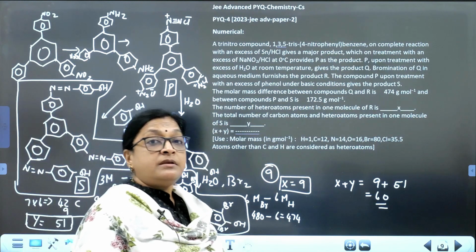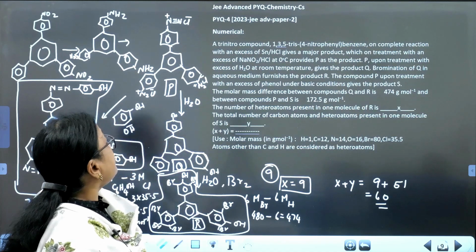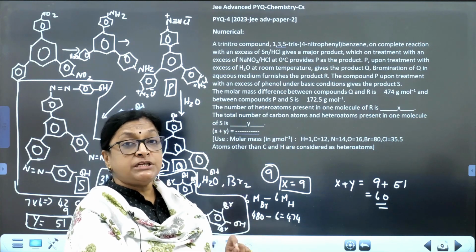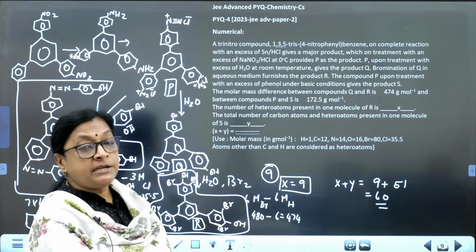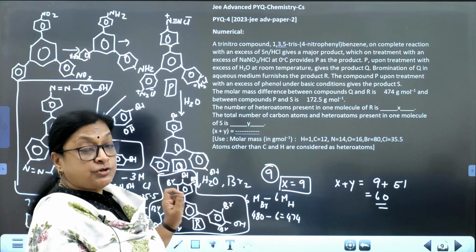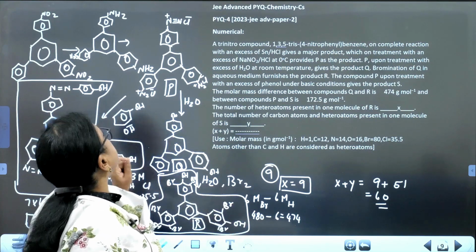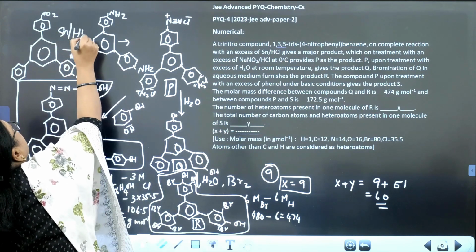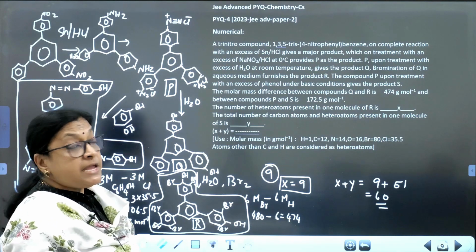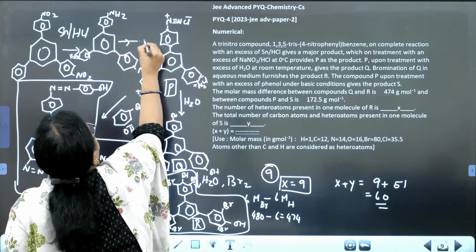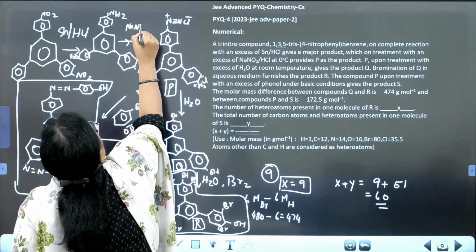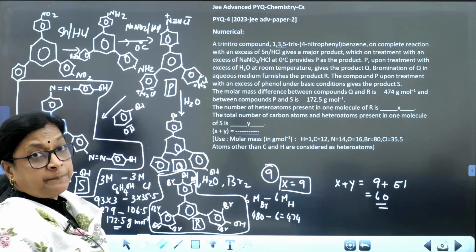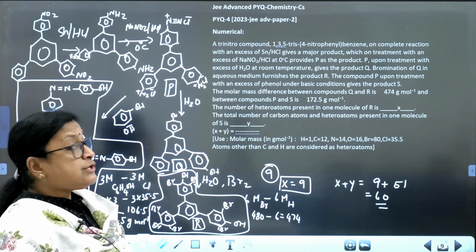So a question from nitrogen containing compounds. The very first concept is reduction of nitrobenzene to aniline with tin in HCl. It can also be carried out with iron in HCl, which is normally done. So here the reagent is tin in HCl followed by diazotization reaction, which is done with NaNO2 in HCl under ice cold condition. Aniline undergoes diazotization.